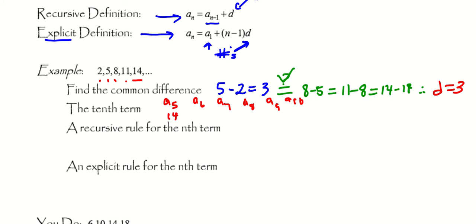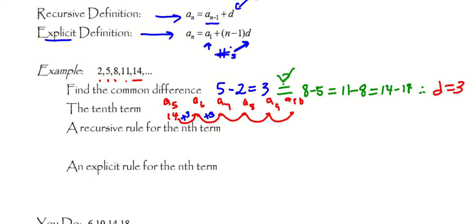Well, how am I going to get there? I'm going to add 3 once to get to the next term. I'm going to add 3 another time, and another time, and then one more time. So we're going to add 3s all along the way.